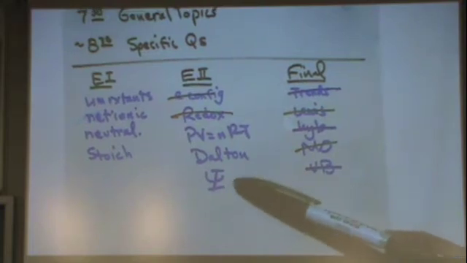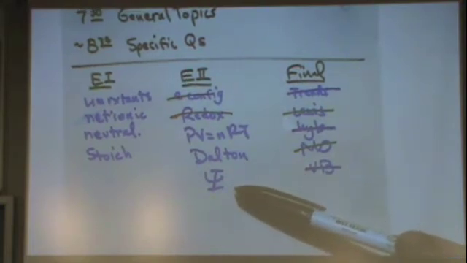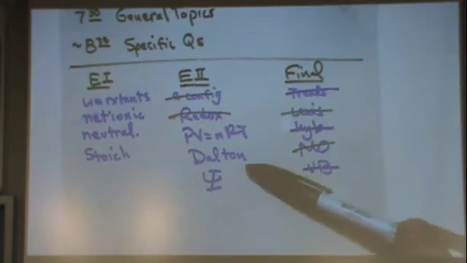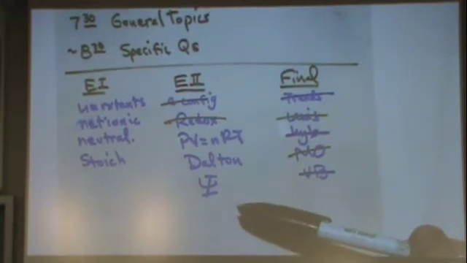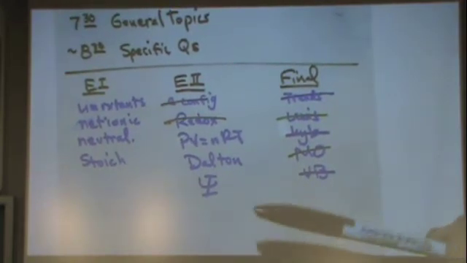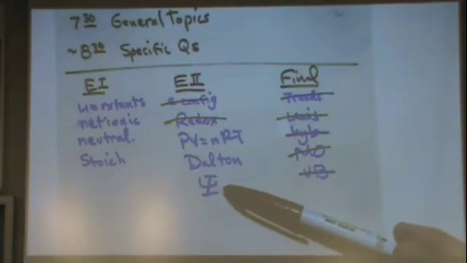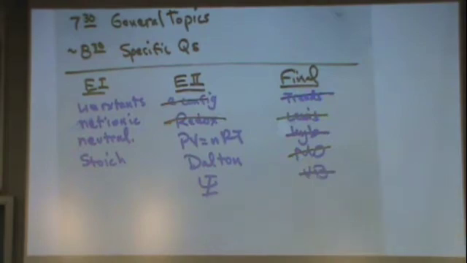Stoichiometry. Between these two, right? Okay. This is not wavelength. This is wave function. Wave function! Okay. Between Dalton and wave functions. Who wants Dalton? Dalton. Okay. Wave function. Okay.